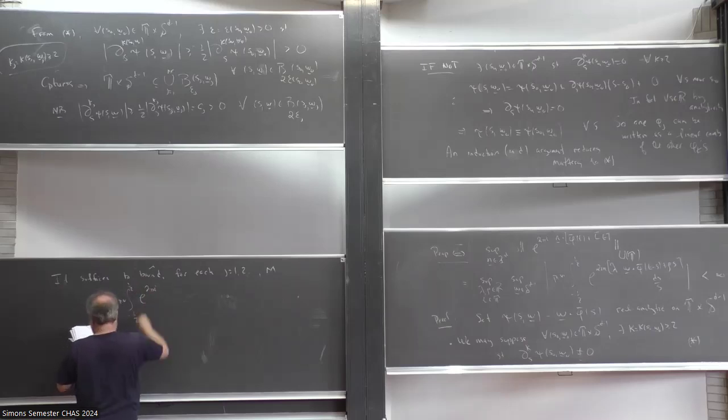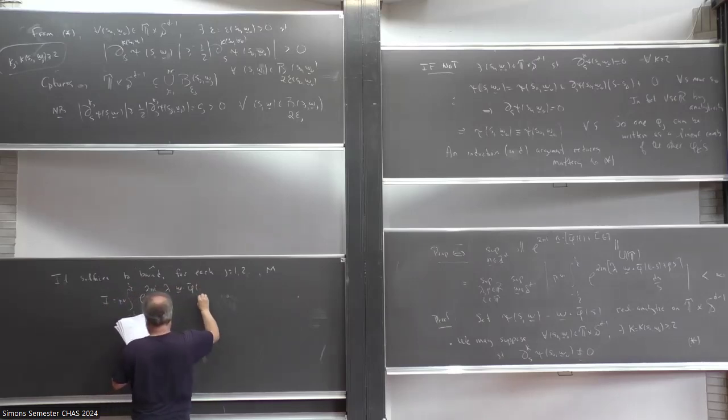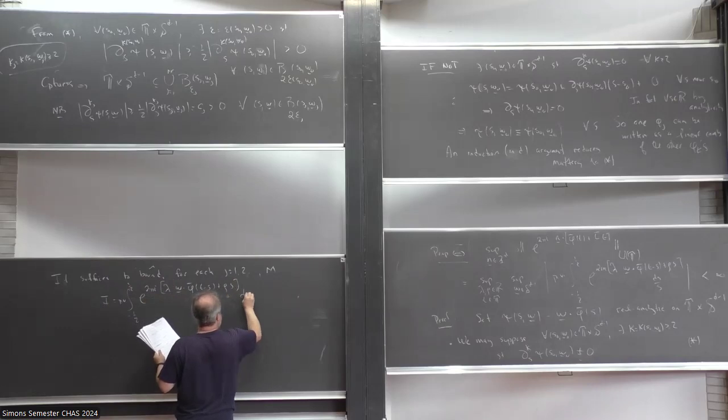e to the 2 pi i, I have this lambda omega dot phi bar of t minus s plus rho s. I'm integrating the Hilbert transform singularity.